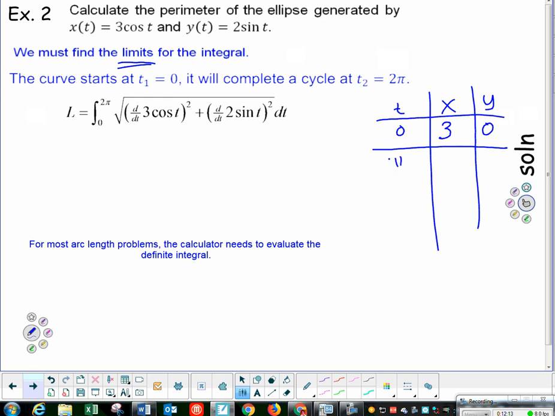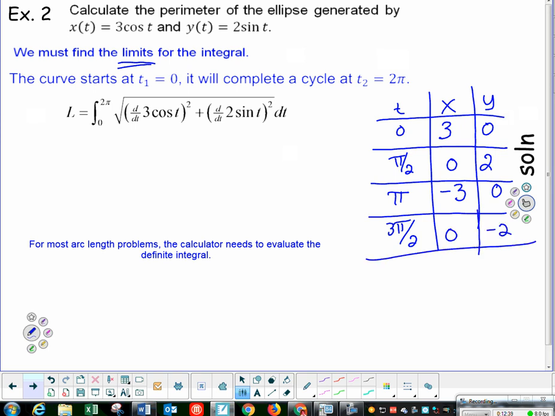And then if I do pi over 2, let's just check that out. I would have the x value being 0, the y value being 2. And if I do pi, I have a feeling it's going to be negative 3, 0. And if I do 3 pi over 2, I have a feeling it's going to be 0, negative 2.